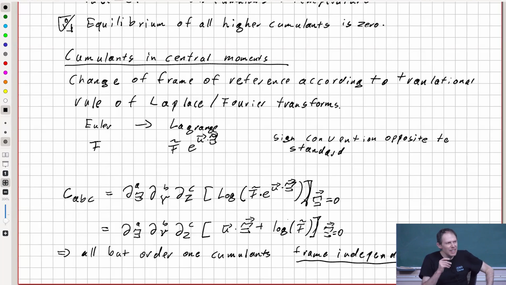Meaning we get Galilean invariance by the fact that in whatever frame you are, you always get the same cumulants out. So they are automatically independent of the frame of reference. Only the first cumulants depend on the frame of reference, and they give you the velocity in that particular frame of reference.